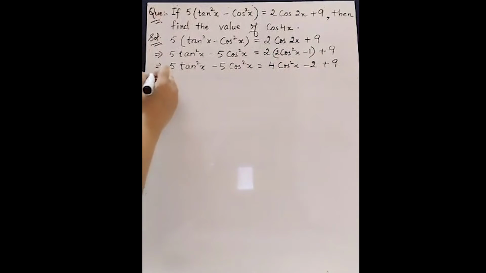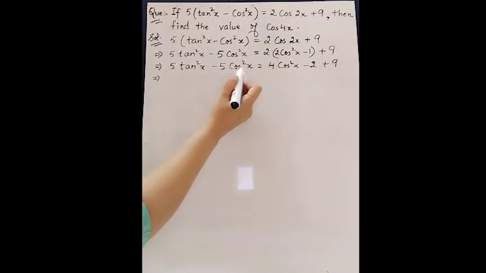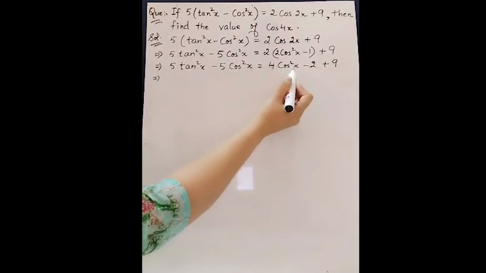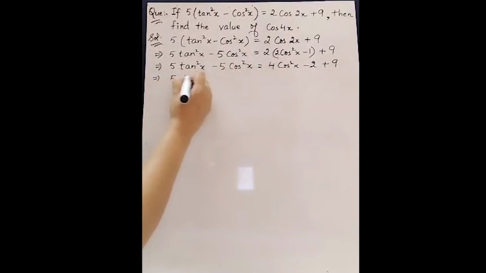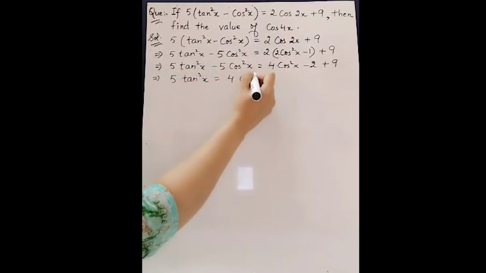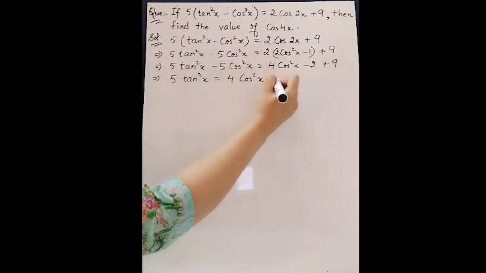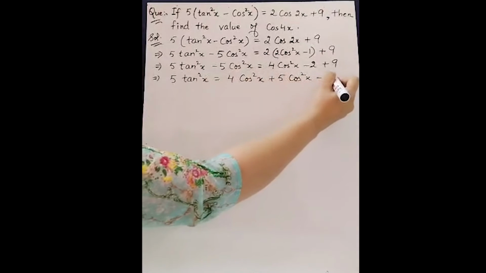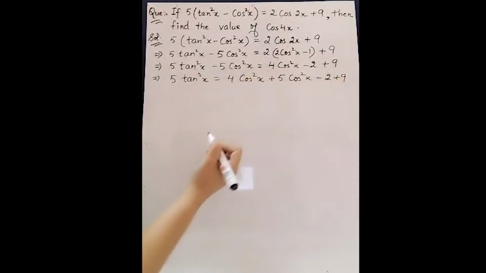Now I'm going to take this cos square x to the right side. So it will become 4 cos square x, minus 5 will become plus 5 cos square x, and minus 2 plus 9 as it is.